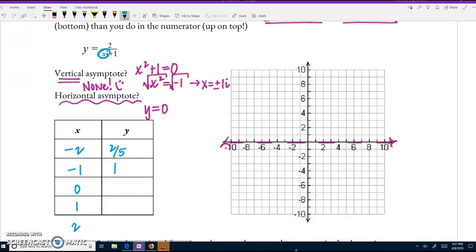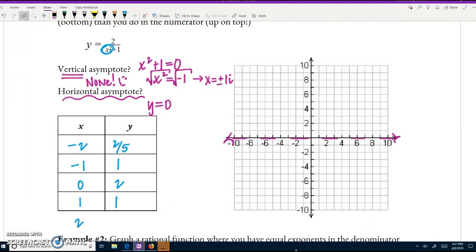This is going to be a 1. If I plug 0 in, this will become 2 over 0 plus 1, or 2 over 1, which is 2. And then I'll have the same operations for 1 and 2 that I had for -1 and -2. So 1 squared will be a 1 plus 1, so this is going to be a 1. And when I plug 2 in here, this will become a 4 plus 1, so this will be 2/5.